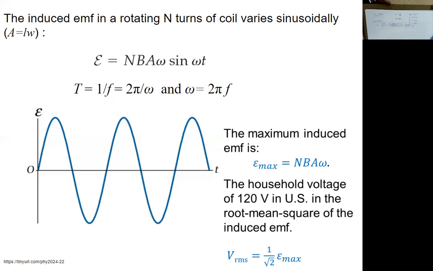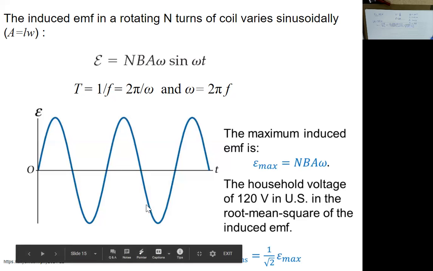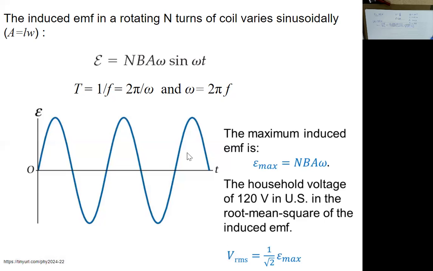It is equal to N, the number of turns of coils, times the magnetic field times the area of the coil times omega, the angular frequency, which is how fast the coil is turning, times sine of omega t, where omega is equal to 2 pi times frequency, or 2 pi divided by period. This will be the electric voltage generated as a sine function.